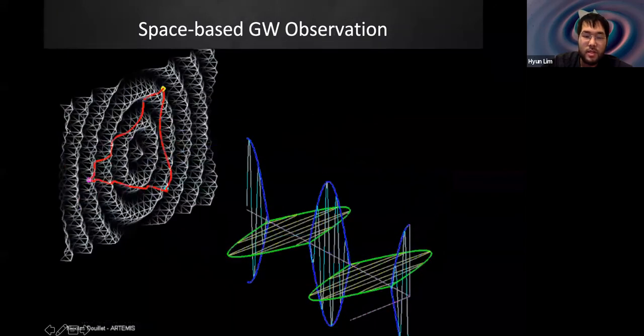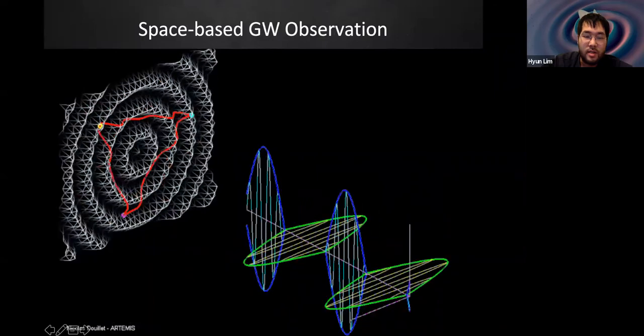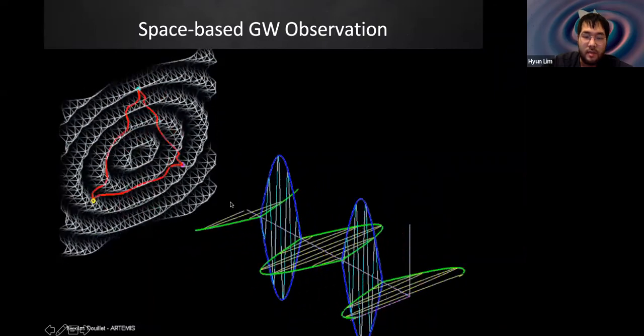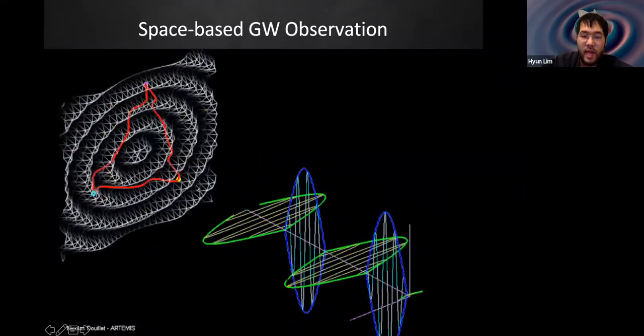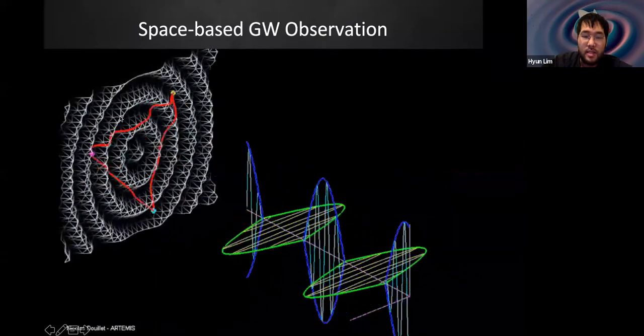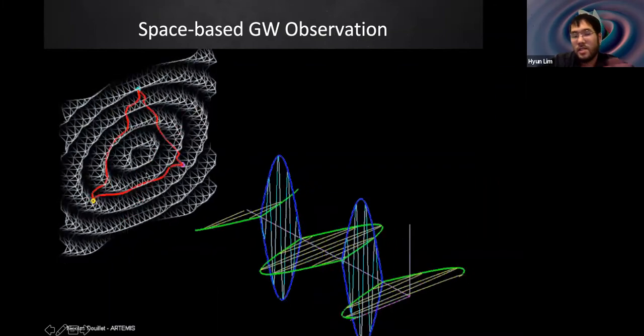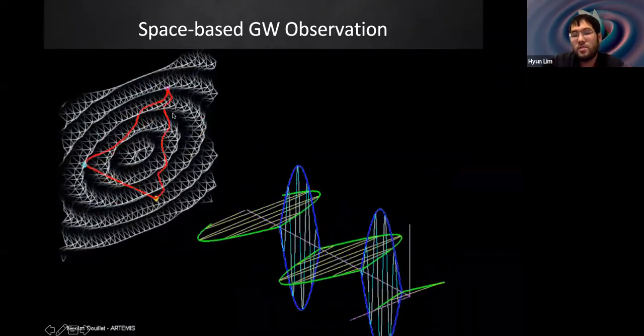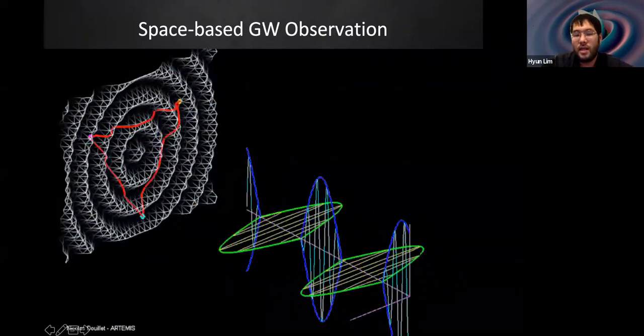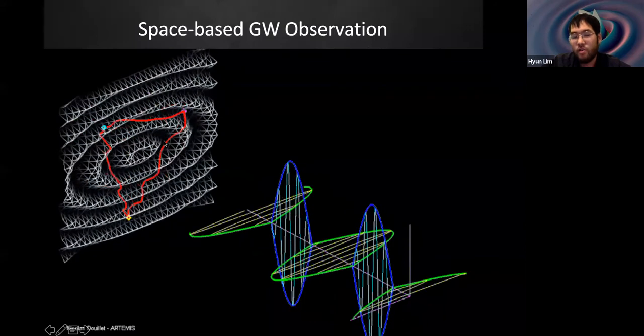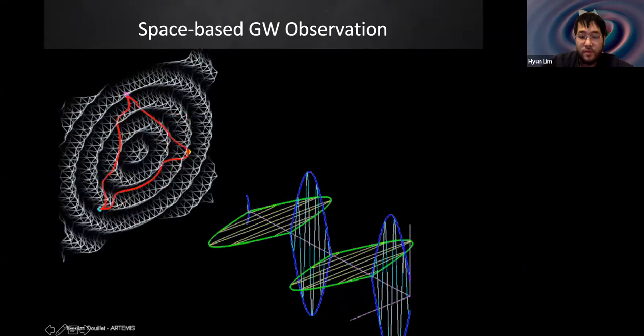And of course, they also rotate around each other. Once a gravitational wave signal comes, it's exactly the same idea: this line stretches and squeezes. You can think of it as putting LIGO into space in a triangular shape. That's the plan for the future.